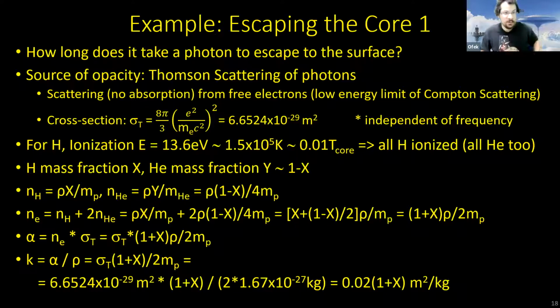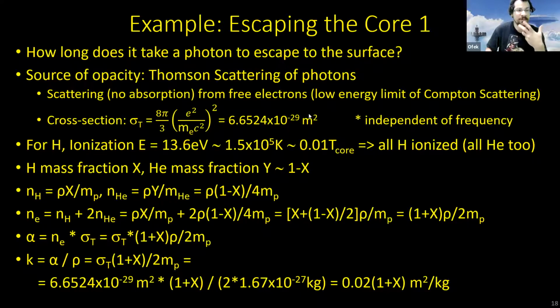The cross-section for this process, the Thomson cross-section, sigma T, can be calculated in the limit of non-relativistic scatterings. And you find that it's a function of the electron mass, the electron charge, and the speed of light, and it comes to about 6.65 times 10 to the minus 29 meters squared. Again, cross-section is an area.